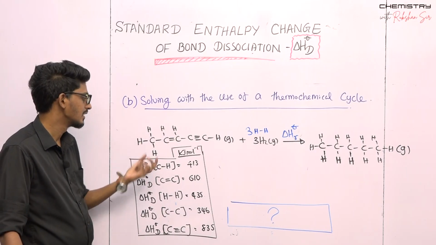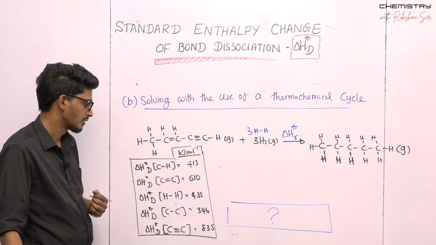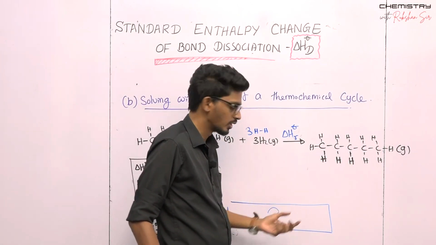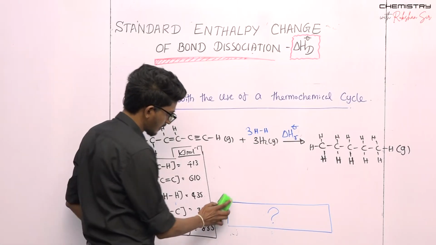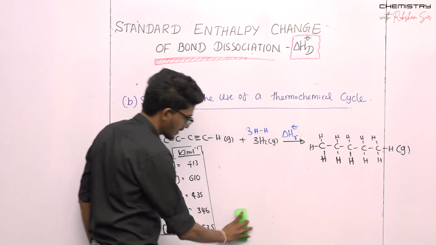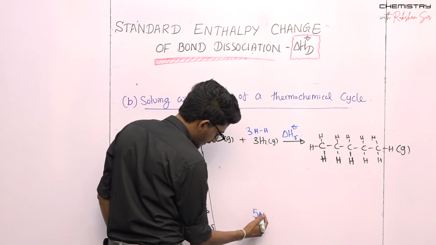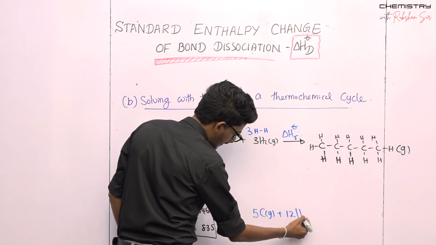This system contains 5 carbon atoms and 12 hydrogen atoms. So just write 5 carbon gas atoms and 12 hydrogen gas atoms as your imaginary state. Got the idea?